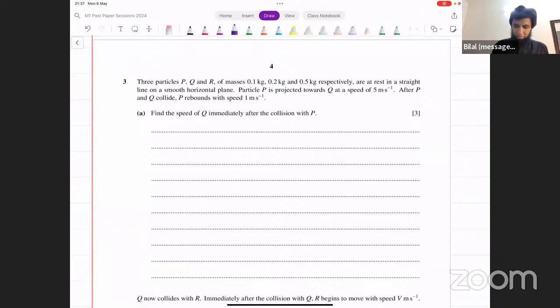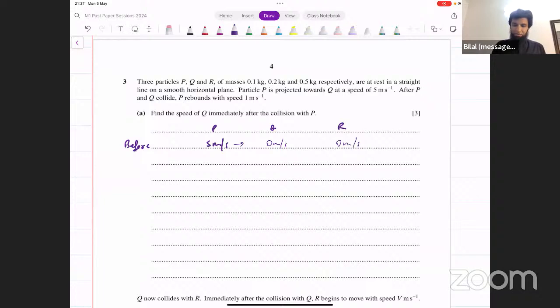Okay, so we can actually represent that here. So we have three particles. One is P, another is Q, and then we have R. What happens before the collision? So before collision, what information do we have? We know that P is projected towards Q at a speed of 5 meters per second. Q and R are at rest.